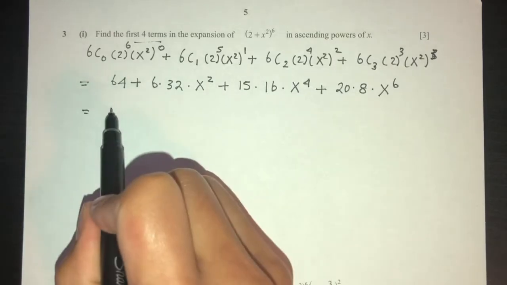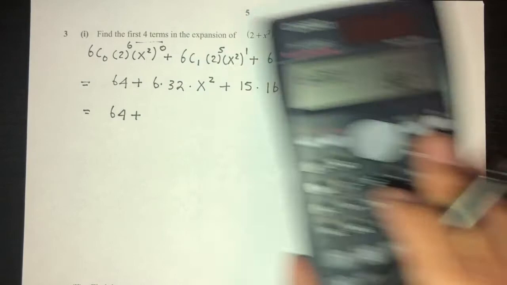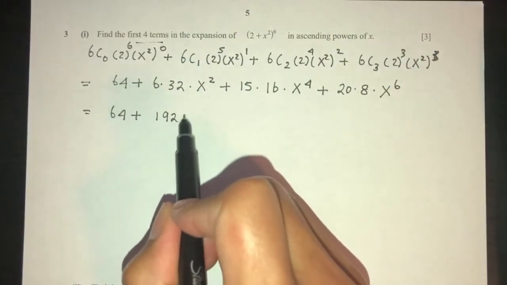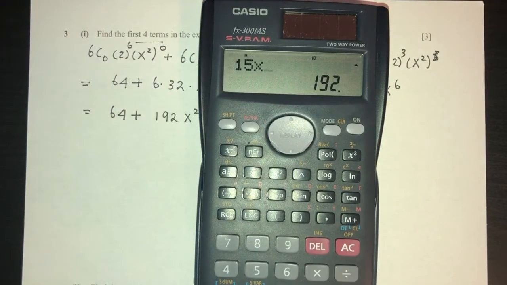Okay, if you simplify, 64 plus, so 6 times 32, that will be 192, x squared plus 15 times 6, that should be what? Let me check.